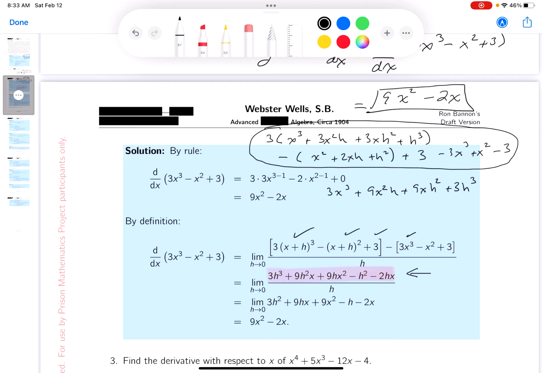And then it's minus x squared, minus 2xh, and then minus h squared, minus 3x cubed, plus x squared, and then minus 3.